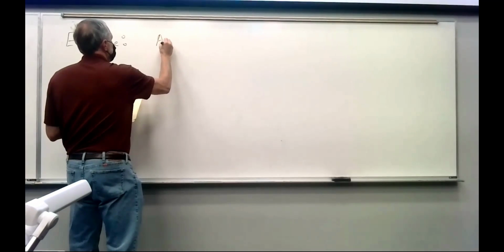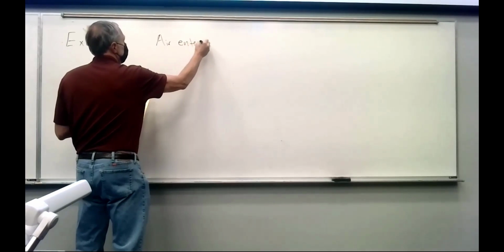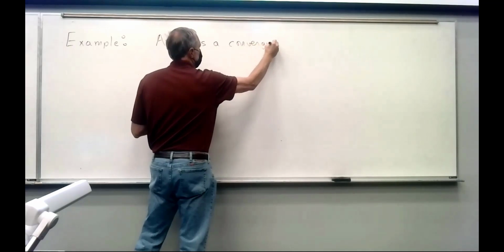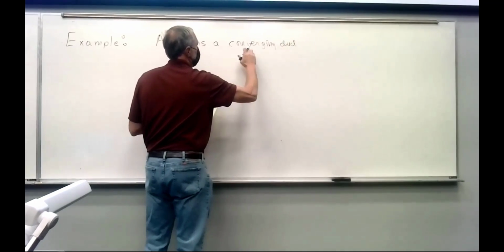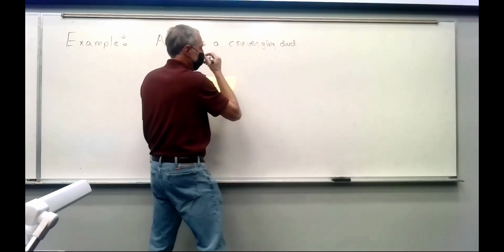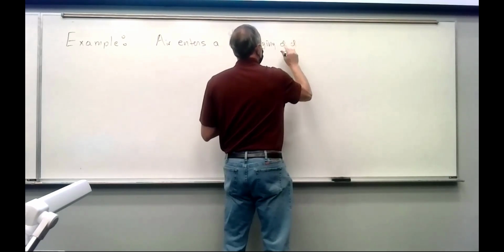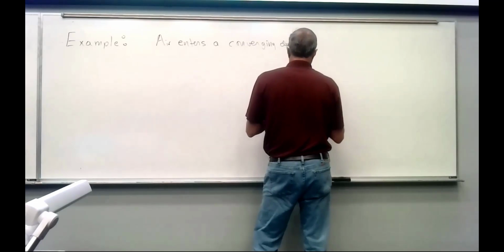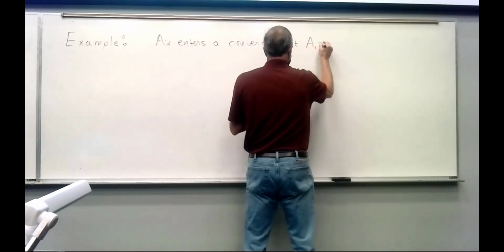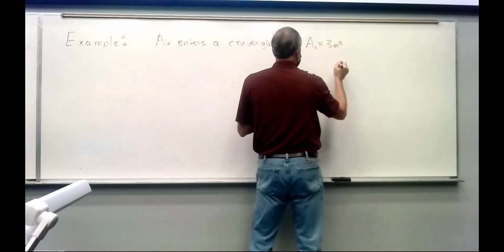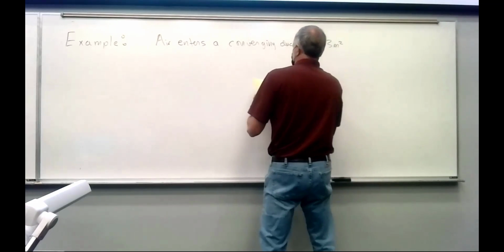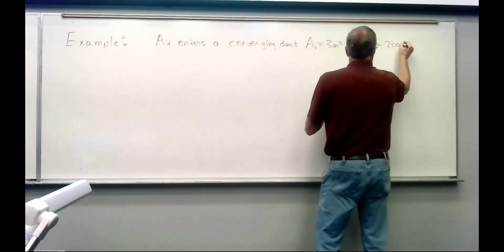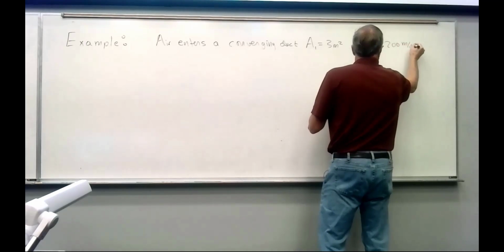So air is going into what's called a converging duct. Area is 3 meters squared, and it's at a velocity of 200 meters per second.